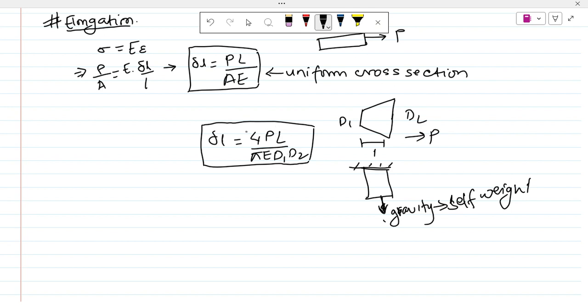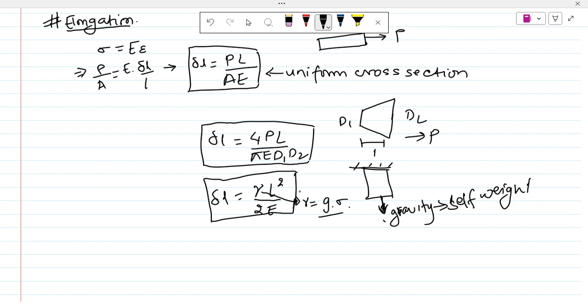So this elongation is quantified as del L, which is z times sigma. Okay, so it is not modulus of rigidity. I think this is all about the elongation formula.